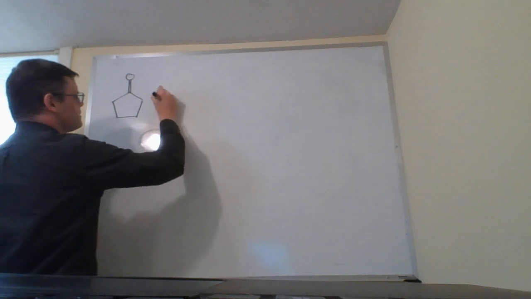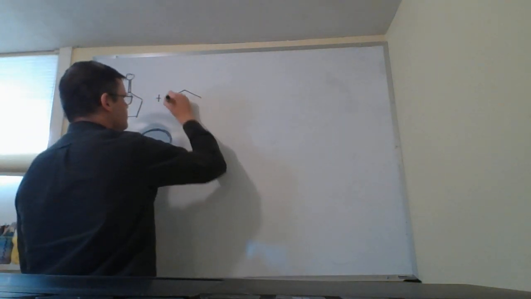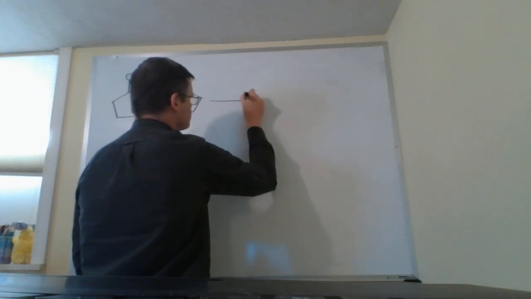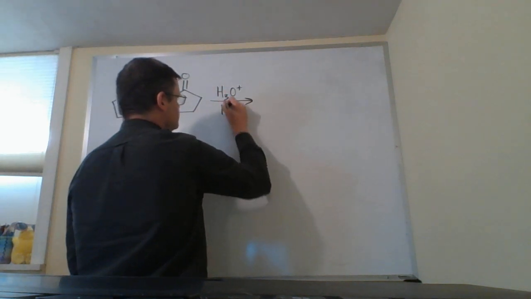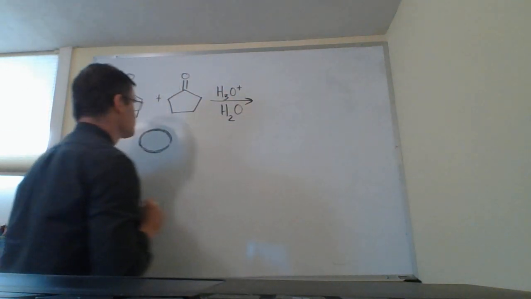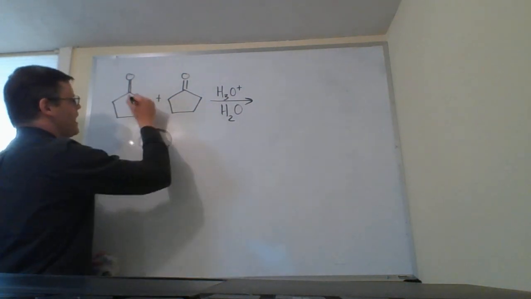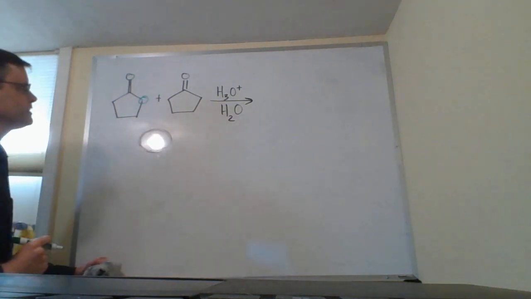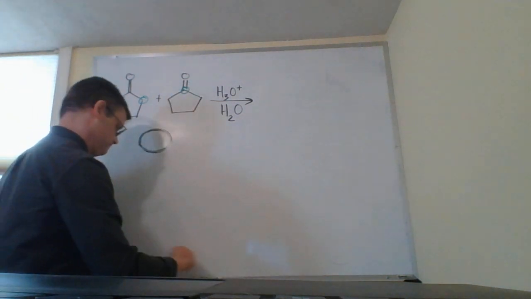We're going to have that reacting with itself, with H3O plus, H2O. The key to this reaction is that the alpha carbon on one of these is going to react with the carbonyl carbon on the other one.